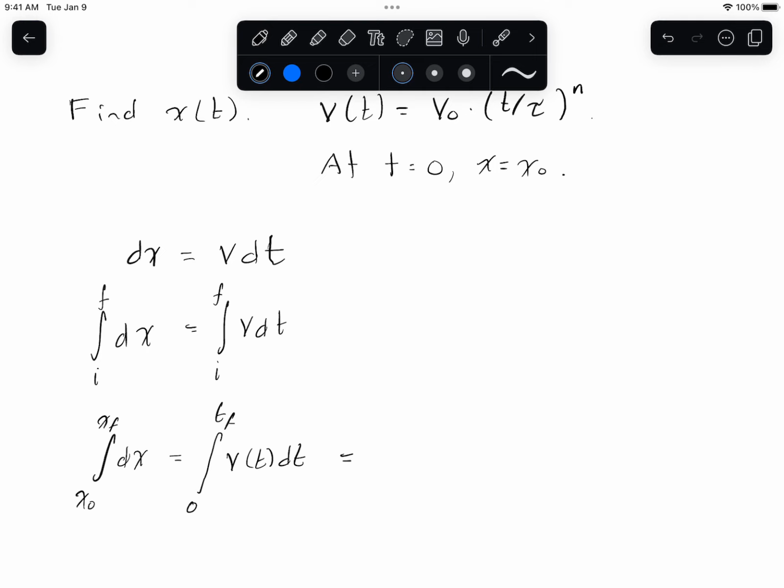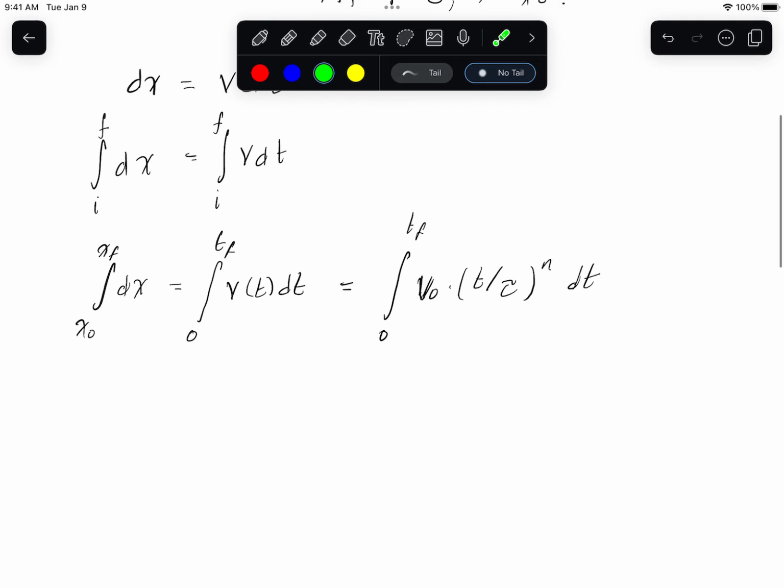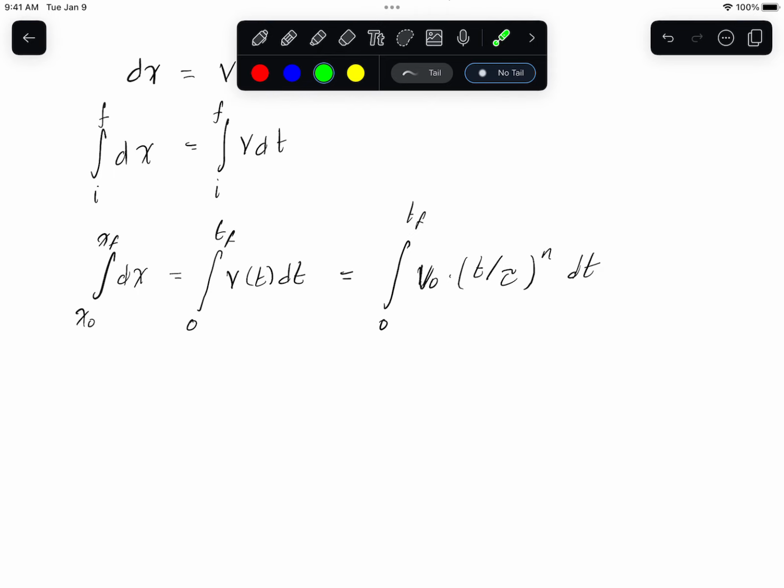And so I'm going to plug in the expression that I have for the velocity as a function of time. That's going to be v naught times t over tau to the n dt. In going from here to here, all I've done is plug in this formula. Okay, so that's what we have.